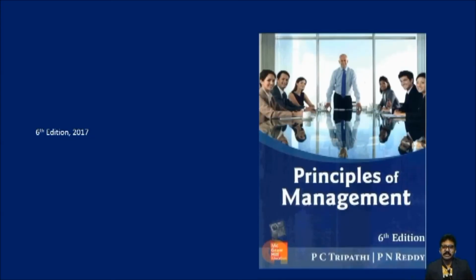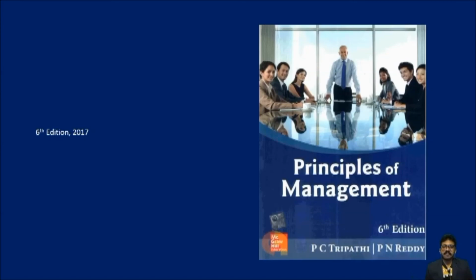Now coming to the textbooks, we are going to refer to 2 textbooks for this subject. The first one is the 6th edition 2017 of Principles of Management, authored by P.C. Tripathi and P.N. Reddy, published by McGraw-Hill Publishers. The second book is published by Pearson. It is the 2nd edition 2014.